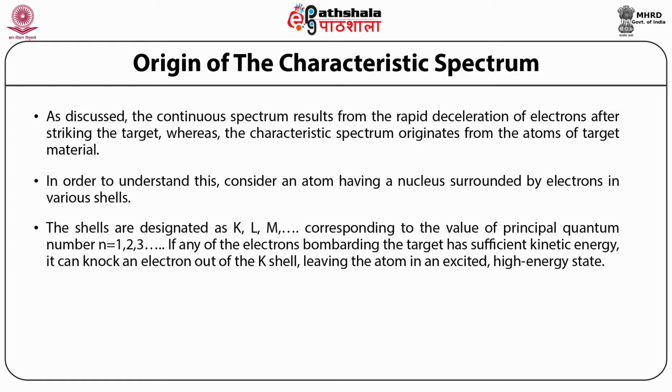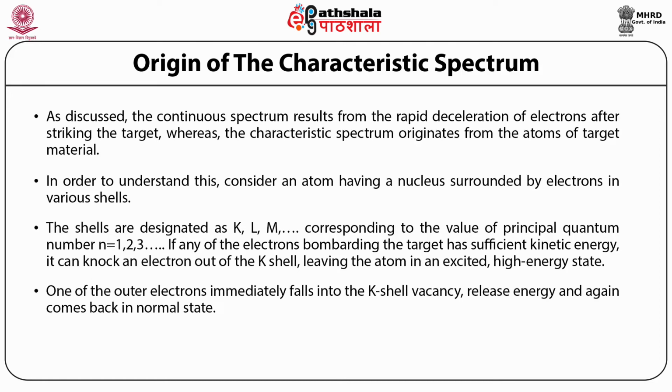If any of the electrons bombarding the target has sufficient kinetic energy, it can knock an electron out of the K shell, leaving the atom in an excited, high energy state. One of the outer electrons immediately falls into the K shell vacancy, releases energy and comes back to the normal state.